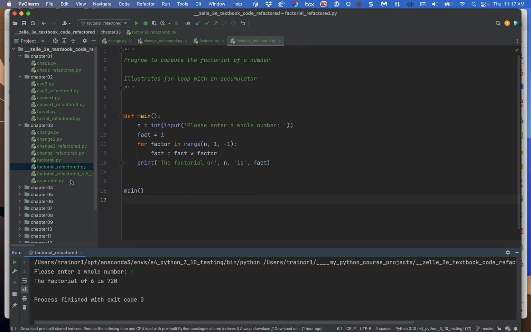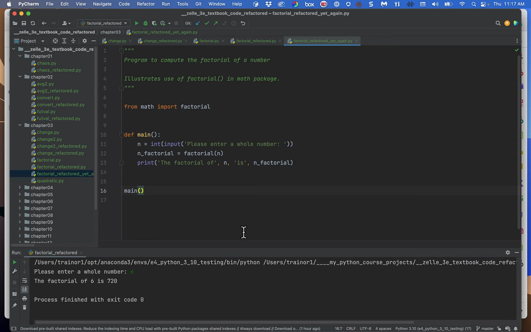So I've got a version here, Factorial refactored yet again. It turns out that the math library includes a function called factorial. You pass it an int, and you get back an int that has the factorial of the int that you passed in as a parameter.